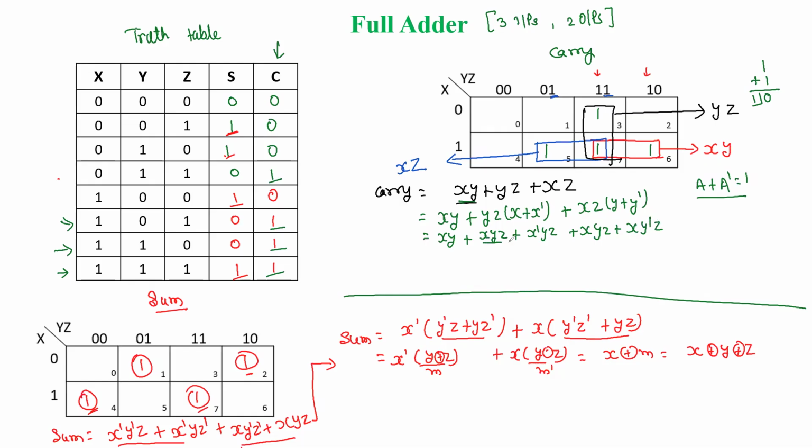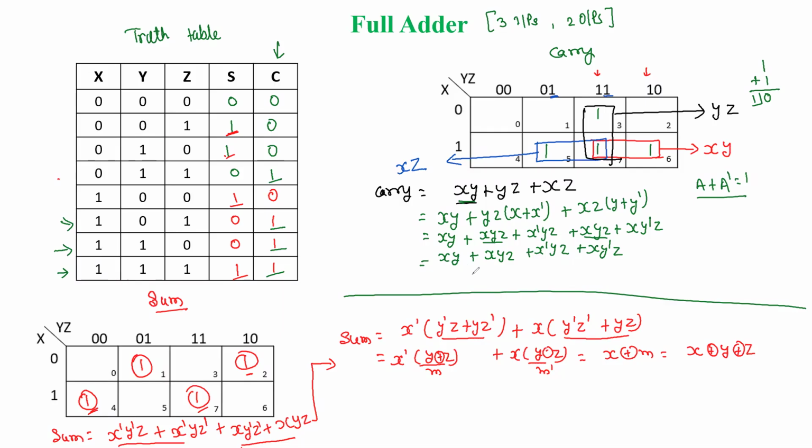So here this xyz is coming two times, so we are going to write it only one time. Okay. So finally, whatever minterms are there, we can write xyz plus x dash yz plus xy dash z. So this xyz we have written only one time.